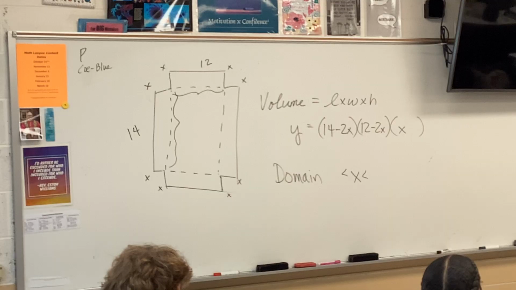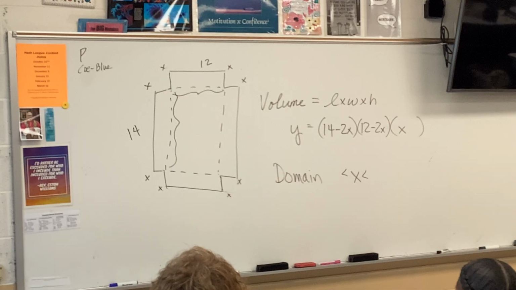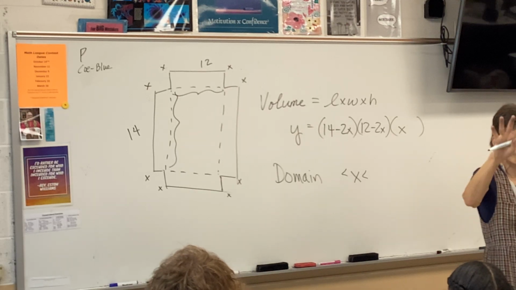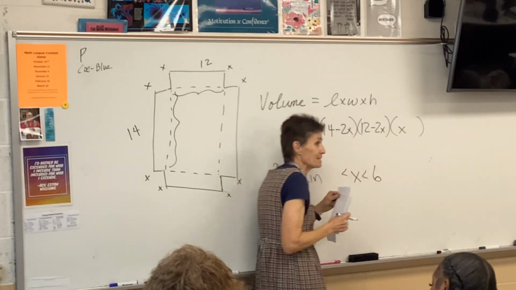It was only 12 to start with. If I took 6 away and 6 away, there's nothing left. So it can't be 6, but it can be everything up to 6. So the upper limit is going to be 6.